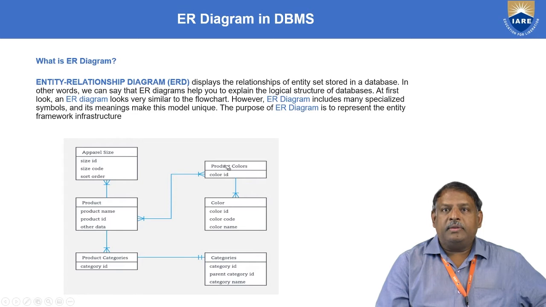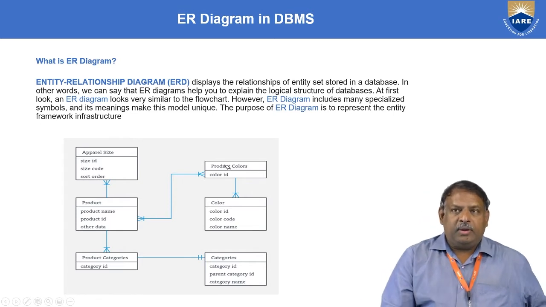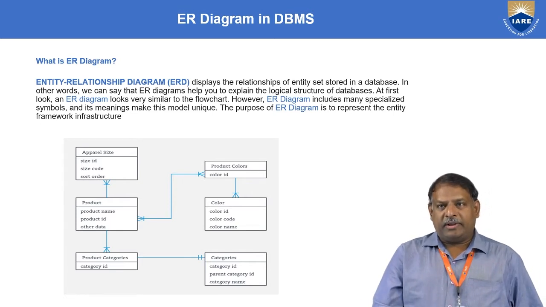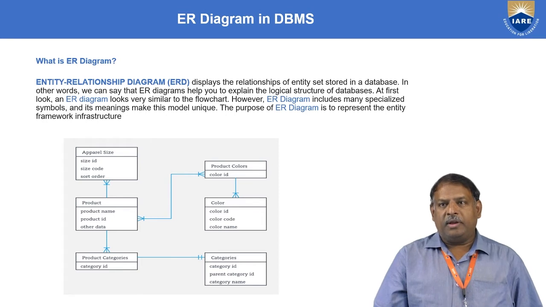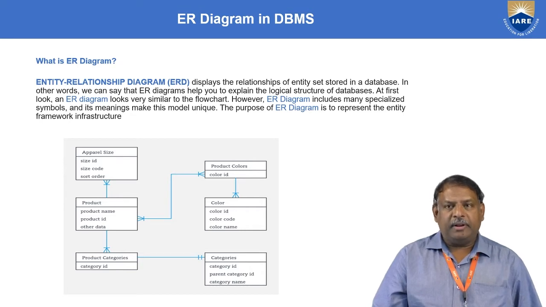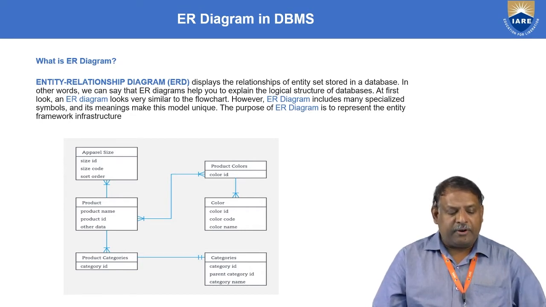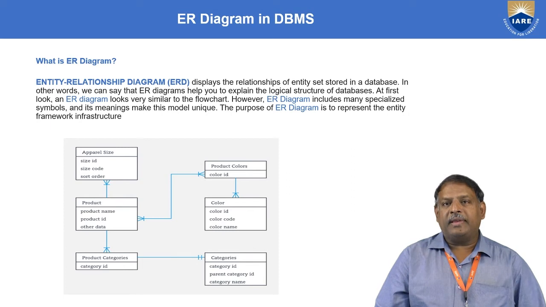We represent the actual flow, the business logic of the system in this ERD diagram. It first establishes various entities and their attributes. The apparel size has a size ID, size code, size sort order as attributes.